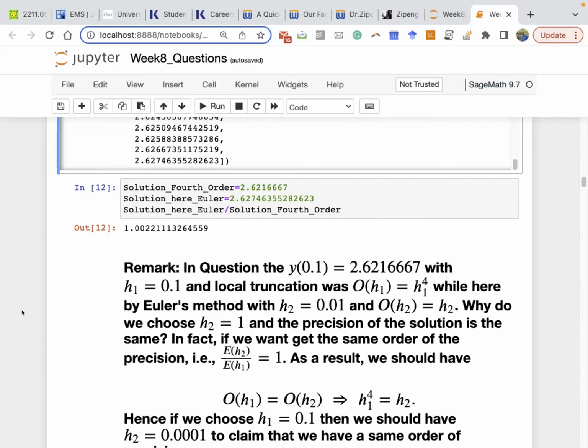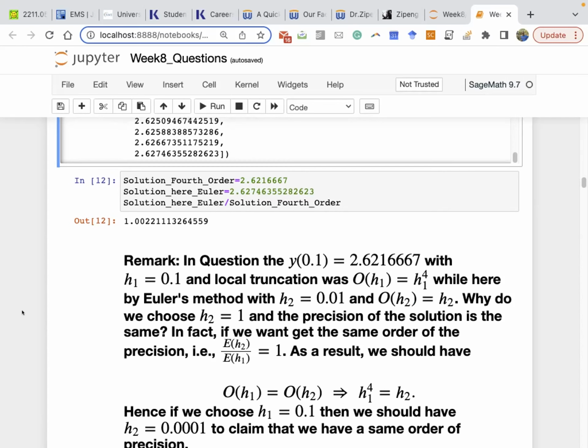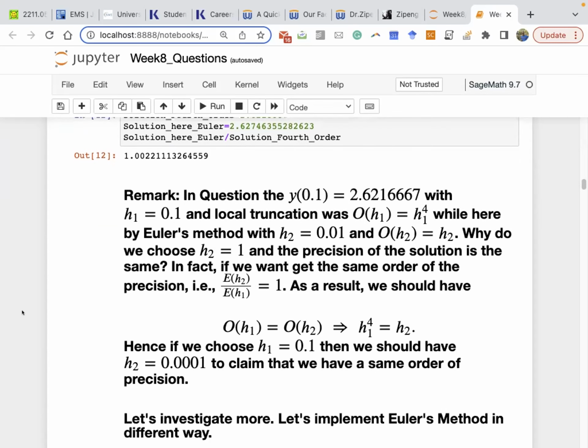In one shot, I just wrote this. Step size h with order 4. Okay. Local truncation is h to the power 4. Since we did one step, the local truncation and global truncation are the same. Okay, so it is this guy. What is the local truncation of Euler's method? It is this guy, something times h.